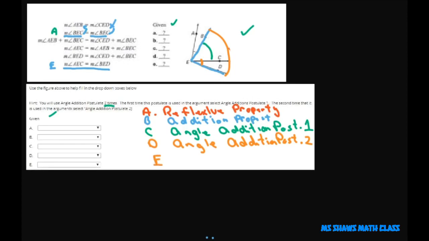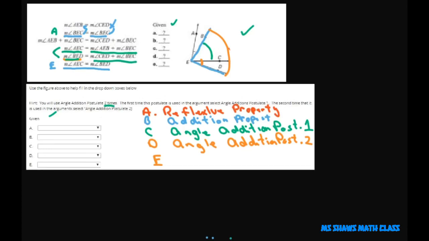So finally, if you look, what we have is a BED here, and we need an AEC. So I'm going to use these two and use substitution. So basically, I know that AEC equals these two, and BED equals these two.